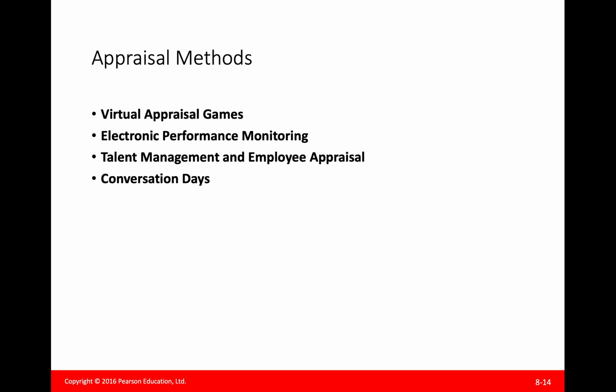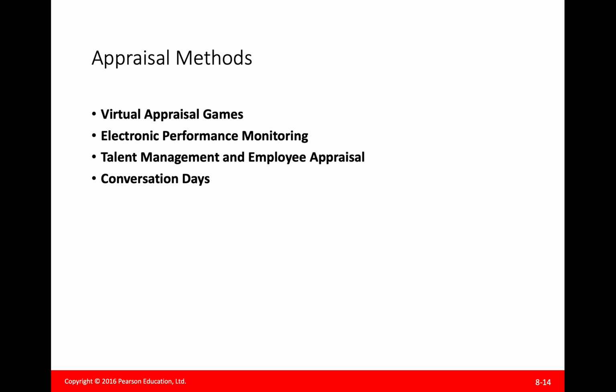Basically, virtual appraisal games, we do the performance appraisal through virtual games, through computer games. Electronic performance monitoring, we monitor the performance electronically. So this can be understood as: we have all the information on the performance of the employee, and then we put it in an electronic system so that it can be analyzed, and then they can provide some advice afterwards, and then they can monitor the performance of the employees.